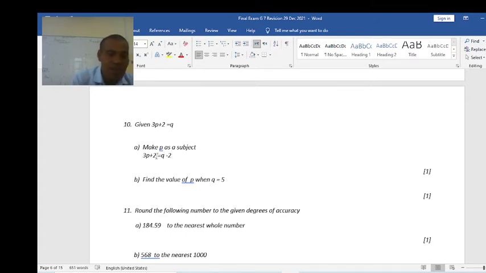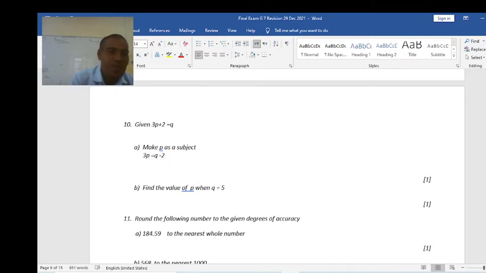Then I want to find only p, so I should divide both sides by 3. 3p divided by 3 gives p equals, then I will try to use a fraction, or I will insert an equation.